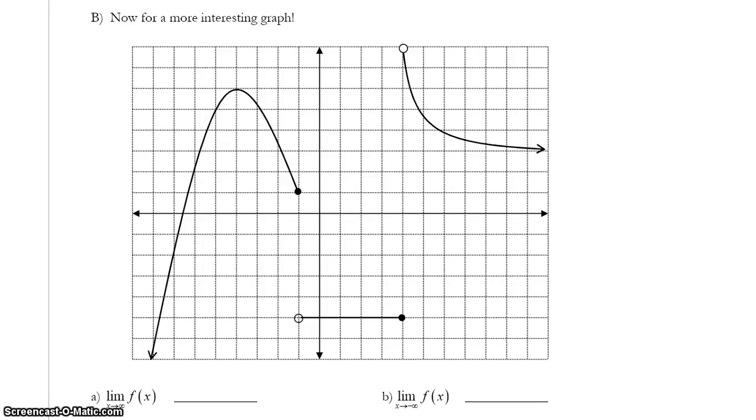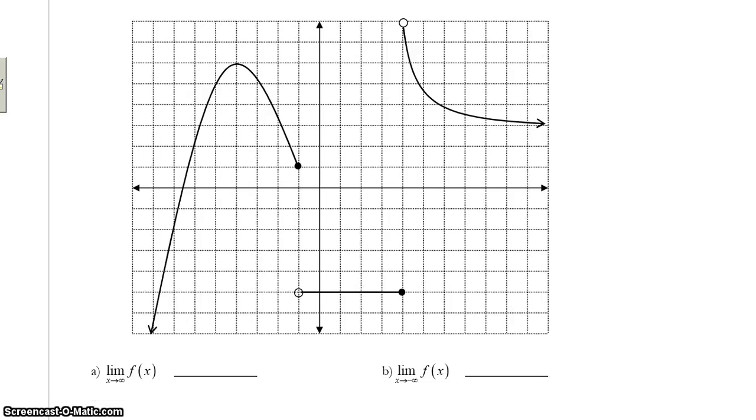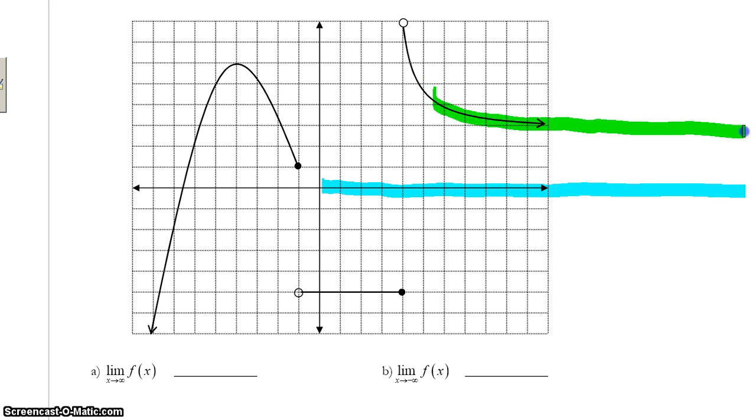Now let's take a look at the back. So now we have a fancy looking graph here, which looks really complicated, but actually it's not so bad. So our first question asks us, the limit as x approaches infinity, f of x approaches what? So as x approaches infinity, f of x approaches, and it looks like it's going to go like this and not come down, and this looks like 1, 2, 3.